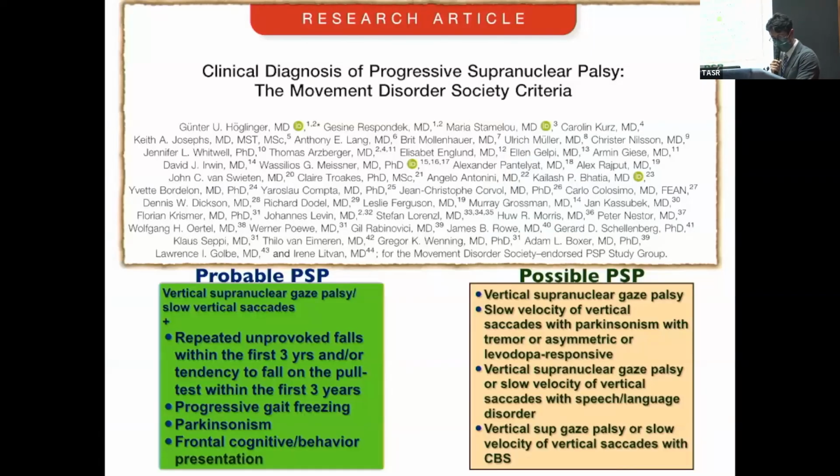So this is just the clinical criteria. I'll go quickly. Probable PSP would be repeated unprovoked falls within the first 3 years and/or tendency to fall on the pull test within the first 3 years, progressive gait freezing, Parkinsonism, or frontal cognitive behavioral presentation.